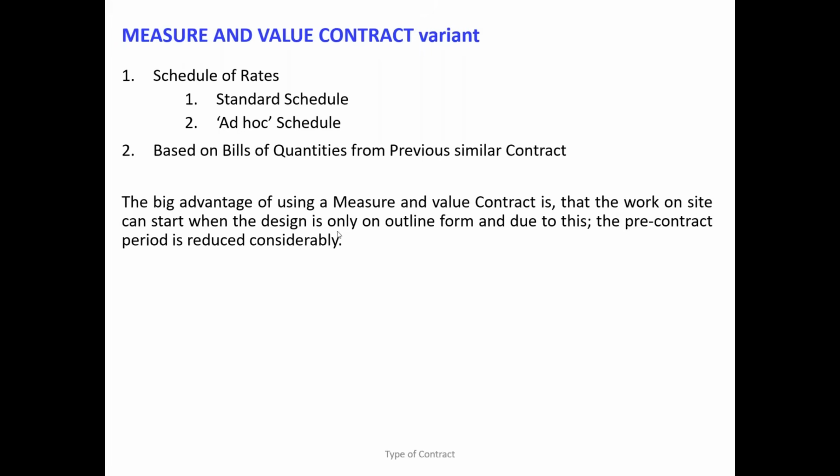So in the ad hoc schedule, you take the standard schedule, remove unnecessary items, and keep just one or two proposed items. So the list will be shorter, and at least the contractor will have a forecast. Maybe he can do the granite or marble, but not everything. So pricing is easy and evaluation is also easy. That is called the ad hoc schedule.